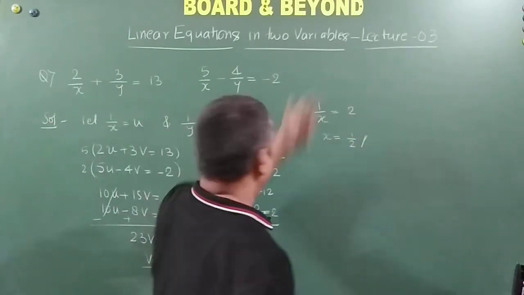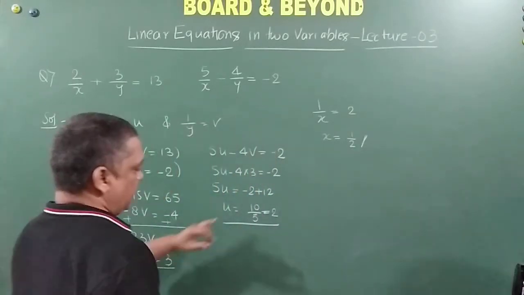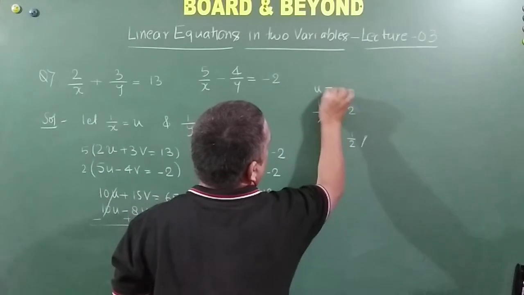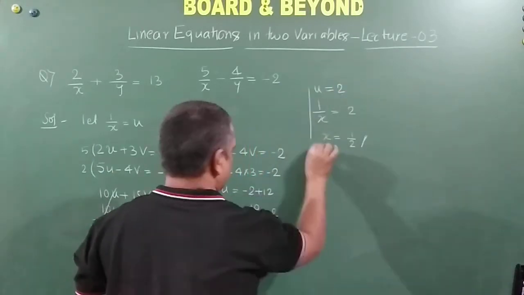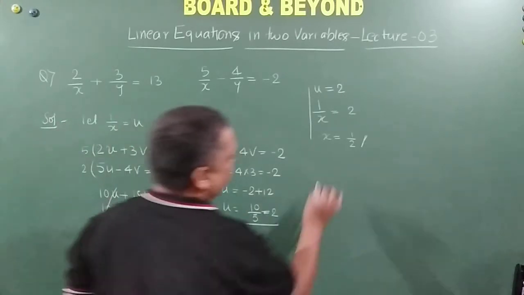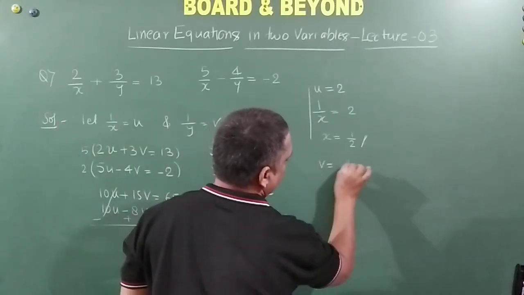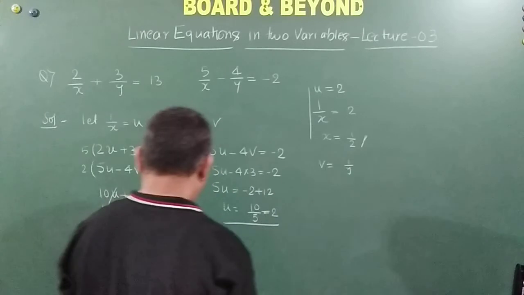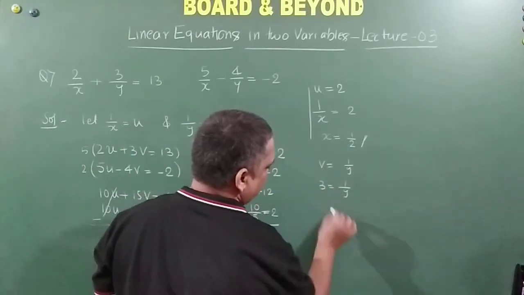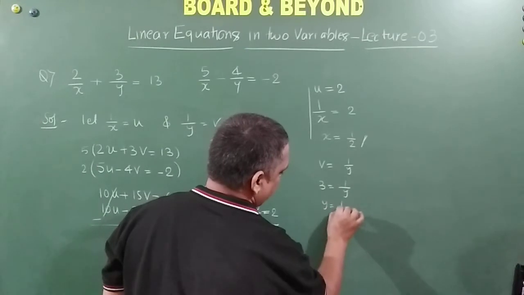I just did cross multiplication here. So u is equal to 2, that is how I got this. Now let us put v is equal to 1 by y. v is equal to 3 is equal to 1 by y. Okay, so y is equal to 1 by 3.